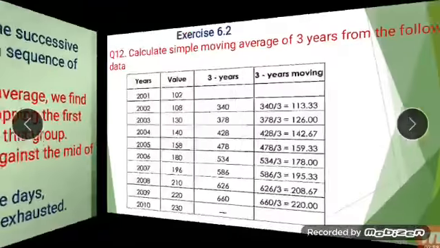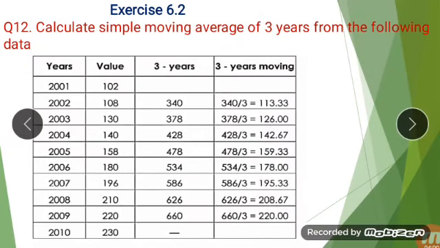Moreover, we can calculate moving averages for 3 years, for 5 years, for 2 years, for 10 years, depending on the need. So let's assume that this data is about the output or production of a certain firm, where the years are given from 2001 till 2010, and the production is given against each year.